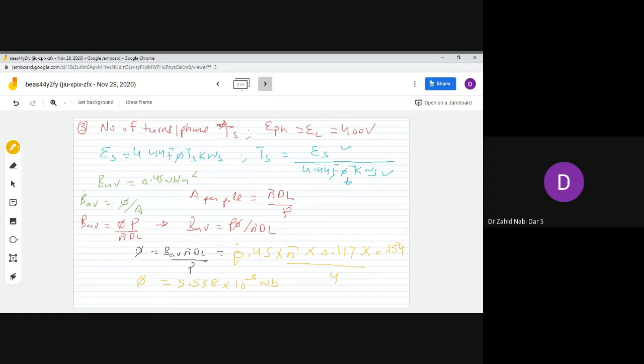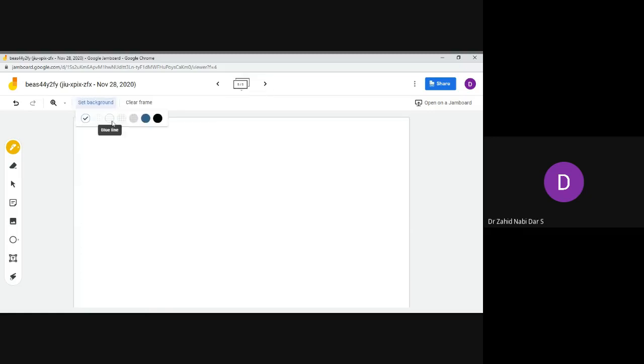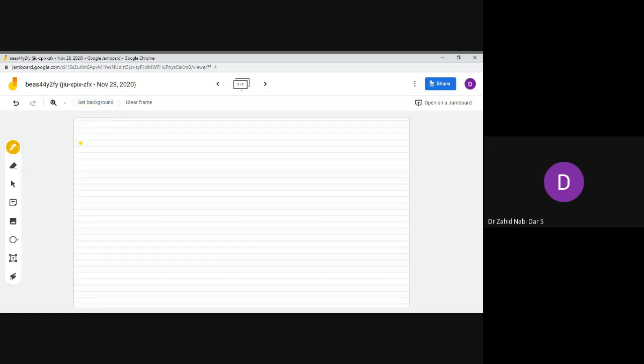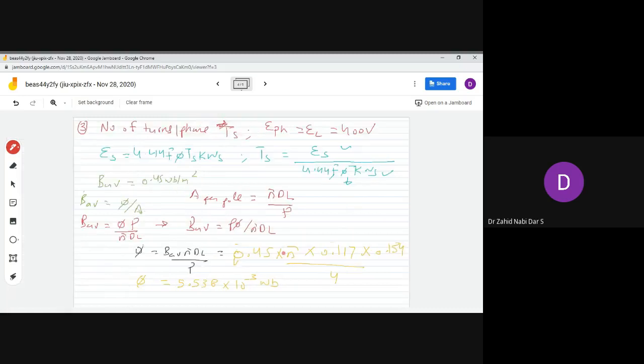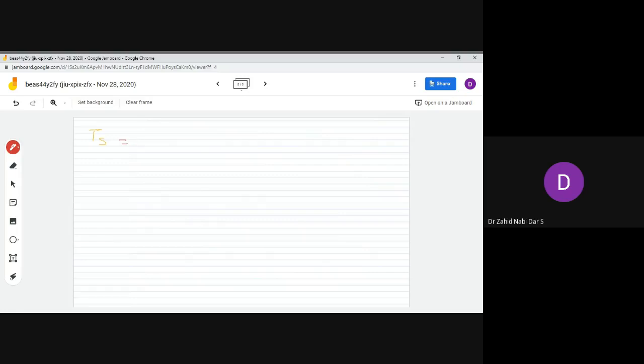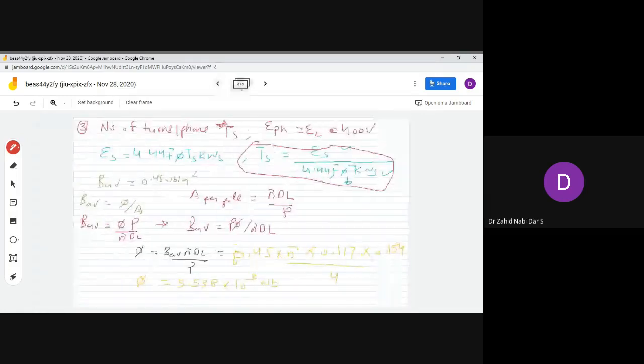Now you have to calculate the number of stator turns. In order to calculate it, TS is equal to, from the previous equation, ES divided by 4.44 F phi kWs. ES would be equal to E line is equal to E phase, so your ES value would be 400 volts.